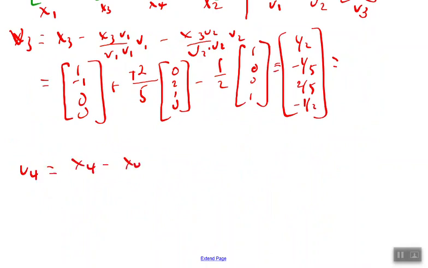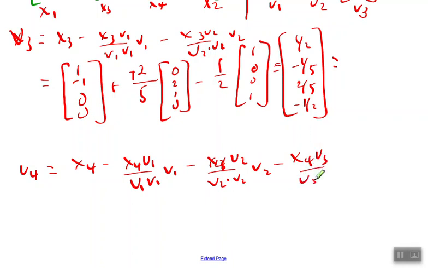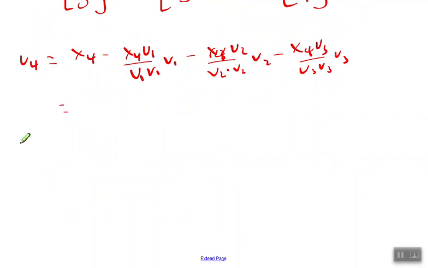And I like to write it out, especially now. I can write it out pretty quickly: x3 dot v2 over v2 dotted with v2, throwing a dot occasionally just to make it look good. And that should be x4: x4 dotted with v3 over v3 dot v3. And now we're going to copy what I had down for x4, which is 1, 2, 0, negative 1.